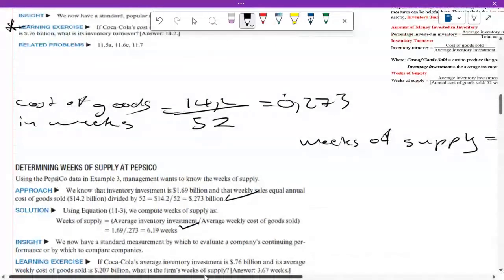If Coca-Cola's average inventory investment is 0.76 billion and its weekly cost of goods sold is... look at this, guys. This is very interesting. It says what?